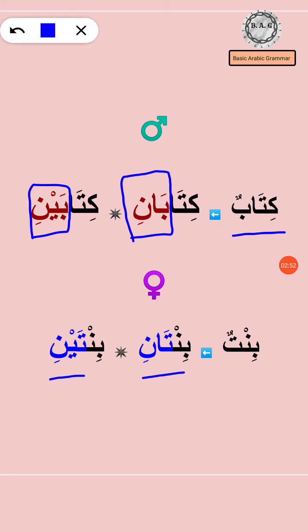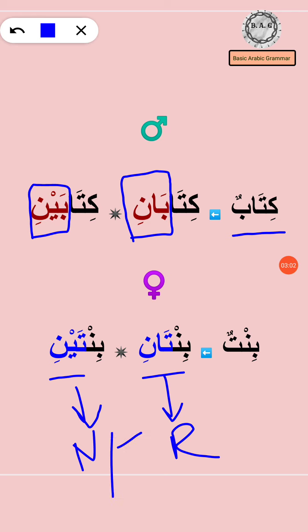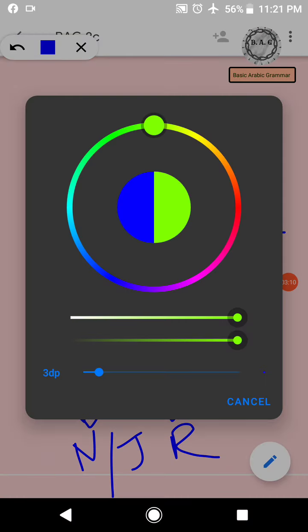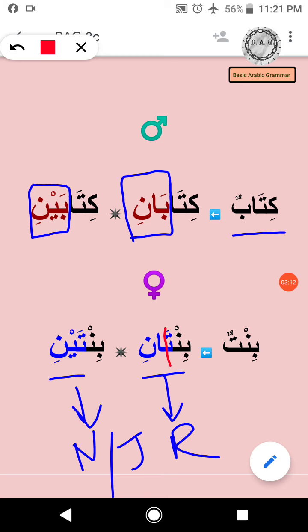Bintun becomes bintani and bintaini. This would be in rafa form and this would be in nasab or jar form. As I mentioned before, the only difference between these two is the addition of this ta.